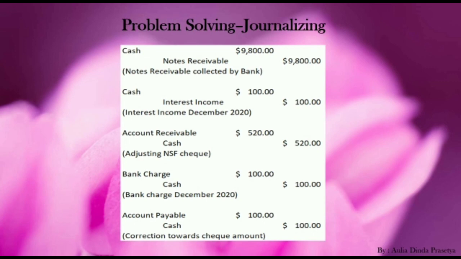And the last one is accounts payable to cash amounting to $100 to record the correction of the check amount. So that's all the journals that we can prepare after we do the bank reconciliation.